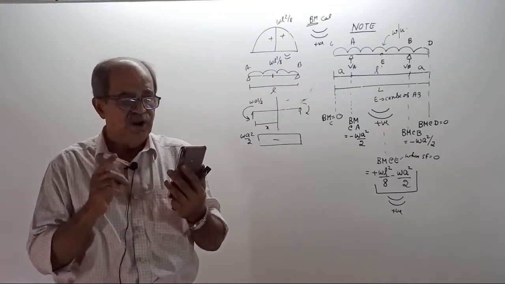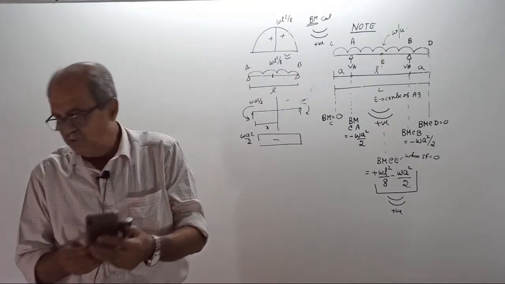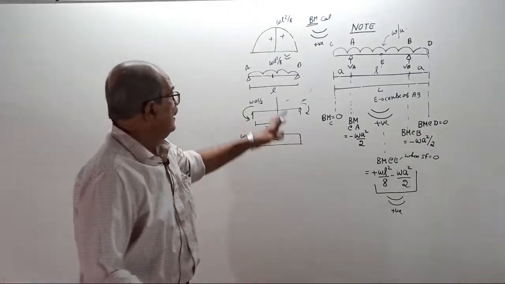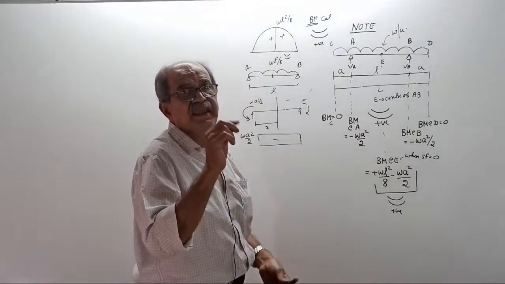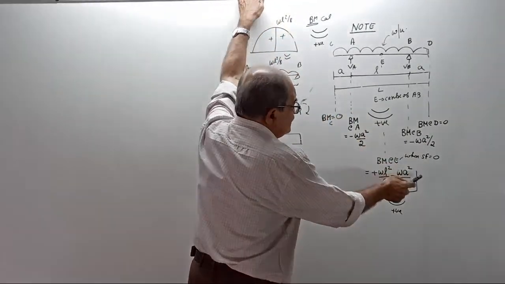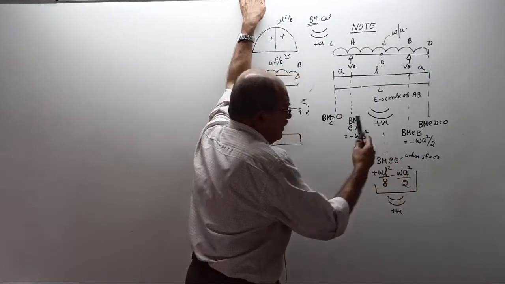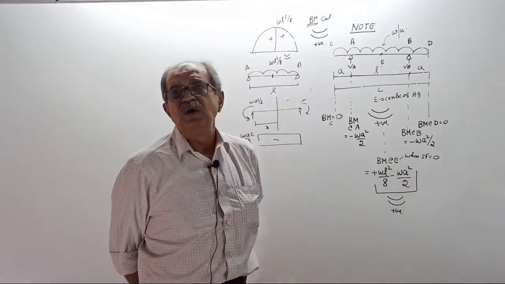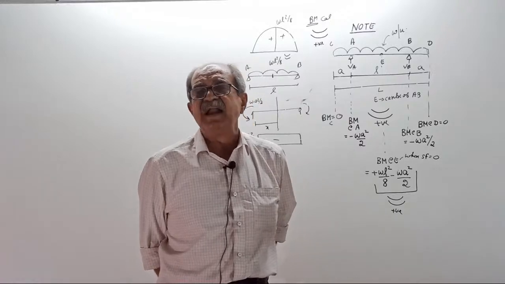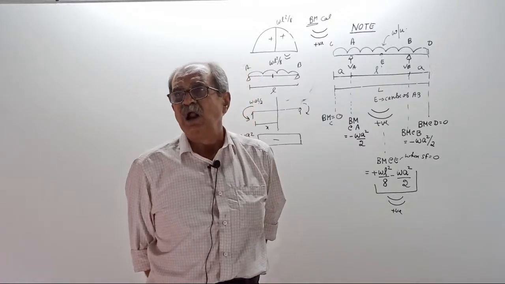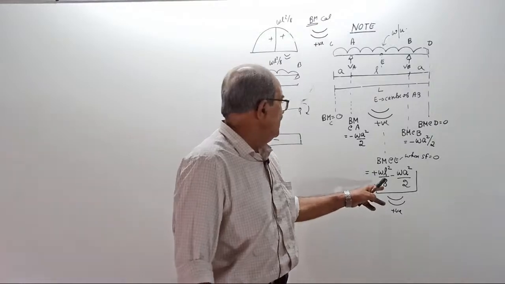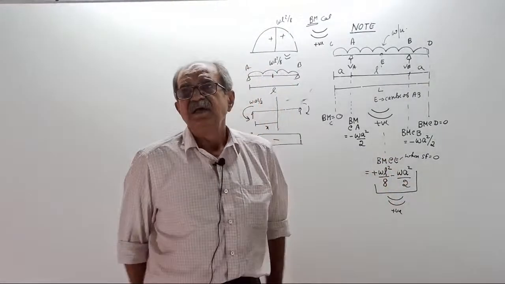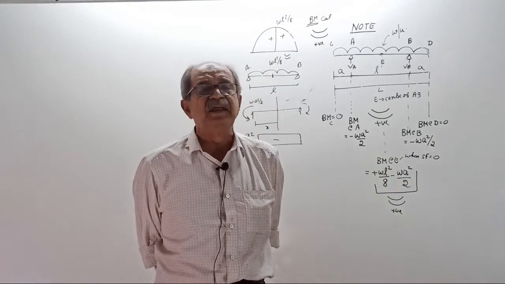Now I will go to the principle. Now see, you should write something; I am dictating. Whether this term WL square by 8 minus WA square by 2 is negative or positive, can anybody tell guaranteed?